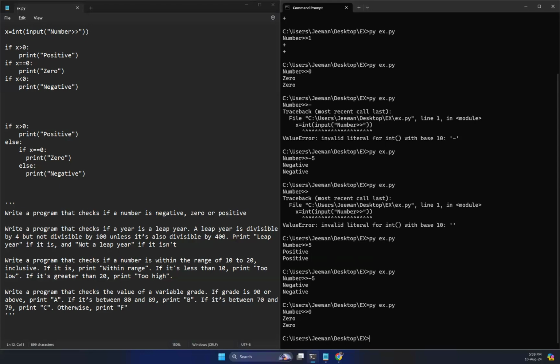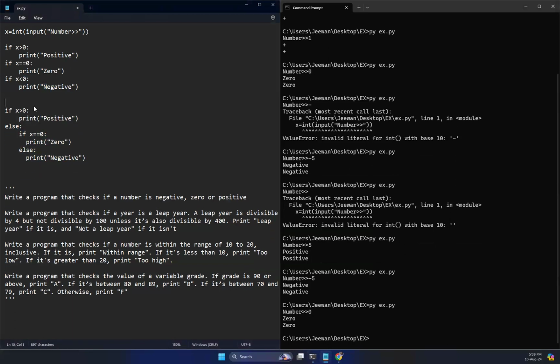Right. Okay. Now, what do you see here? What is the difference here? Now, tell me by comparing these two. Now, for any number, any input. Okay, let's consider this one. If it is a positive number, if it is plus 5, I have entered. How many conditions will get evaluated?